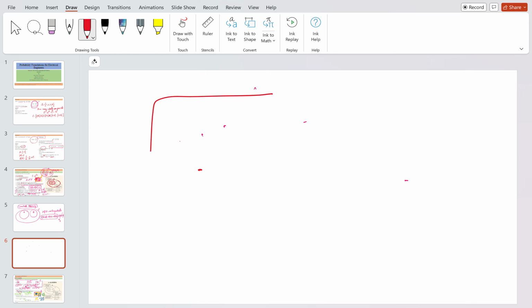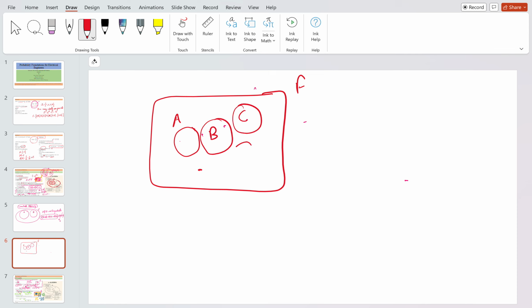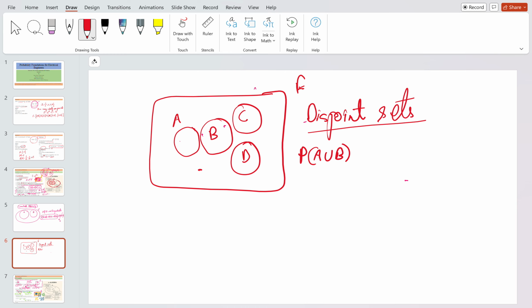What I'm saying is that suppose there is a sample space F, and there are certain subsets A, B, C, D. One important point to see is that A, B, C, D are disjoint subsets, or you can say sets, if you are considering F the overall sample space. So you already know that probability of A union B is equal to probability of A plus probability of B minus probability of A intersection B.